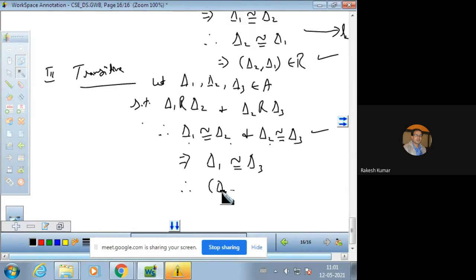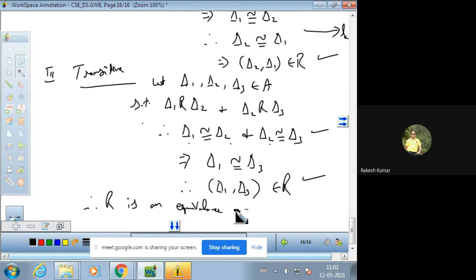So (delta 1, delta 3) belongs to R. Hence, it becomes transitive also. So reflexive, symmetric, transitive. Therefore, the relation R is an equivalence relation. And what was our relation R? Relation R is the congruence relation.